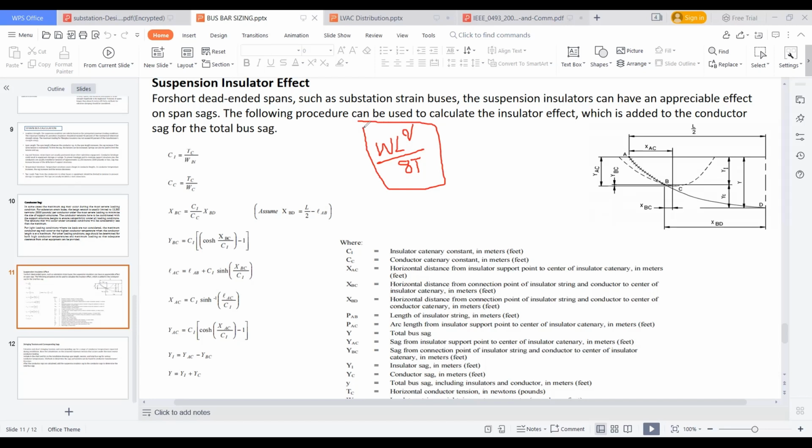It could be due to the temperature rise or due to the wind loading, whatever it may be, this is the worst sag. So this plus Y1 will give you the total maximum sag, and based on that you can do the clearances and tensions. But if you want to do optimization, suppose this gives 7 meters of sag.